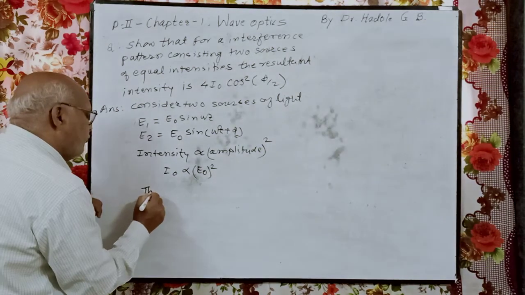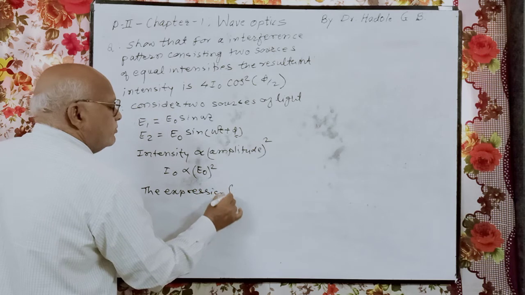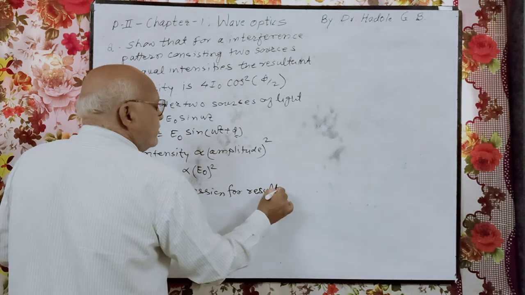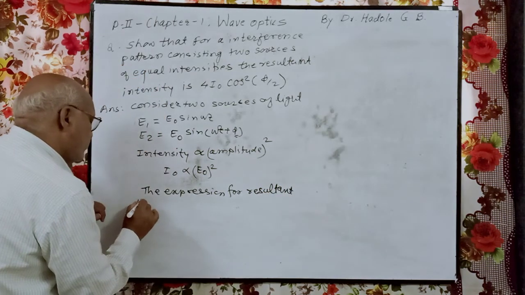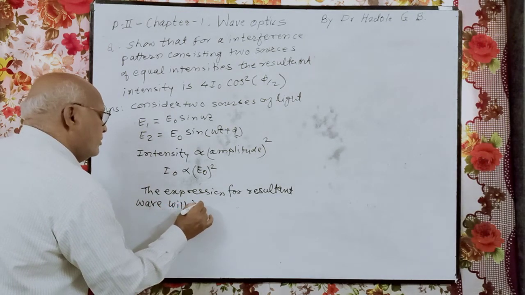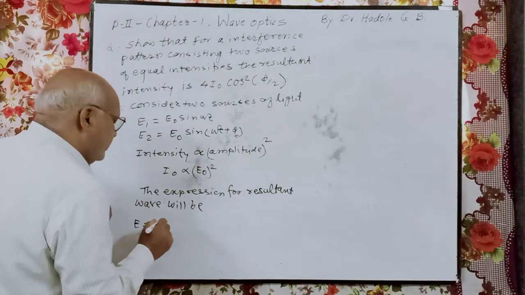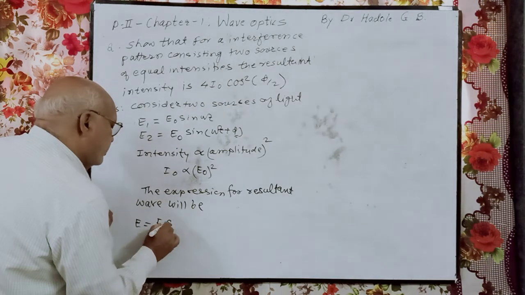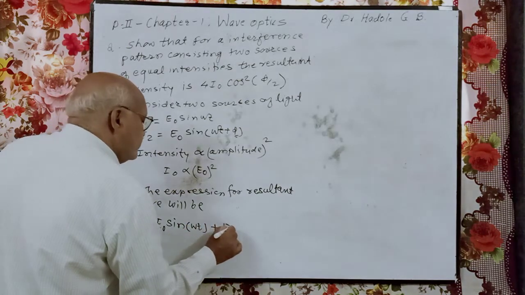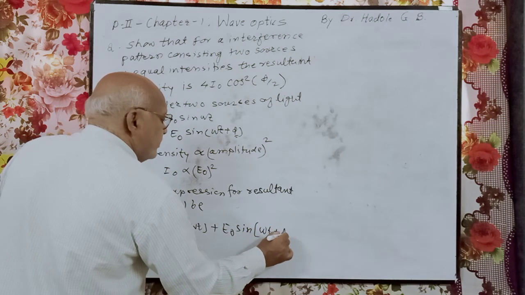So, the expression for the resultant wave will be E equal to E0 sine omega t plus E0 sine of omega t plus phi.